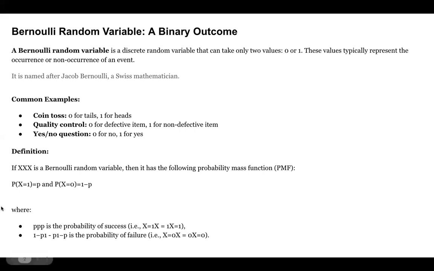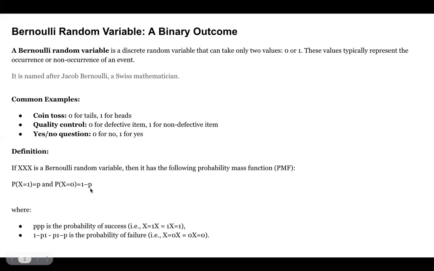If the probability of 1 is p, then the probability of 0 will be 1 minus p. So whatever is the probability of 1, the probability of 0 is 1 minus the probability of having 1, which is generally 50-50.